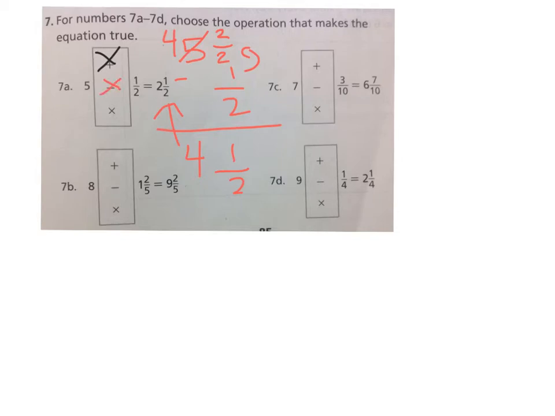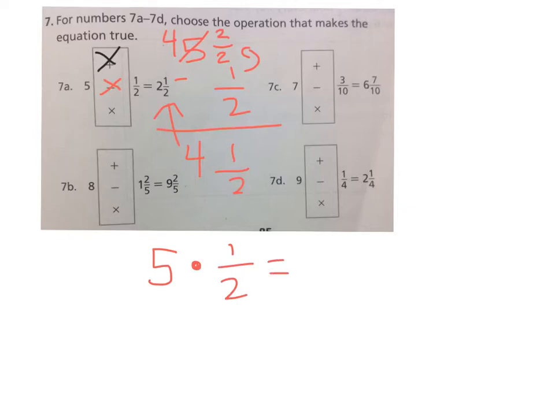So we're going to move on to the next operation, which is multiplication, and solve it out. I'm going to go down here and work it into a working problem. So 5 times 1/2 equals.